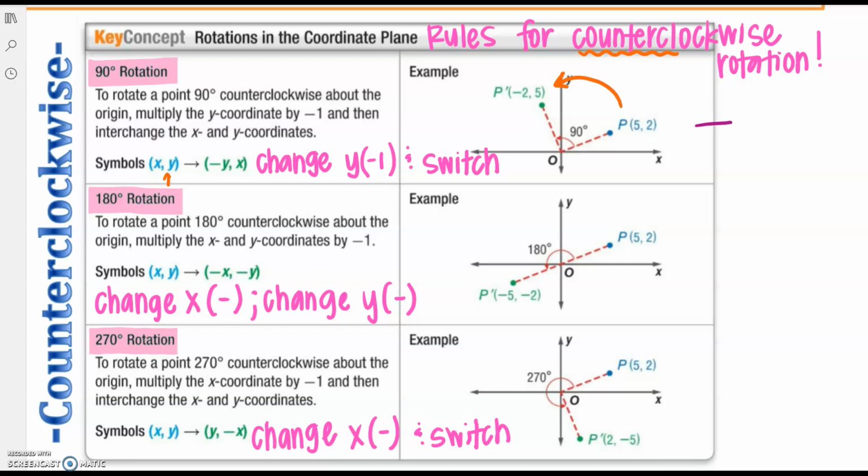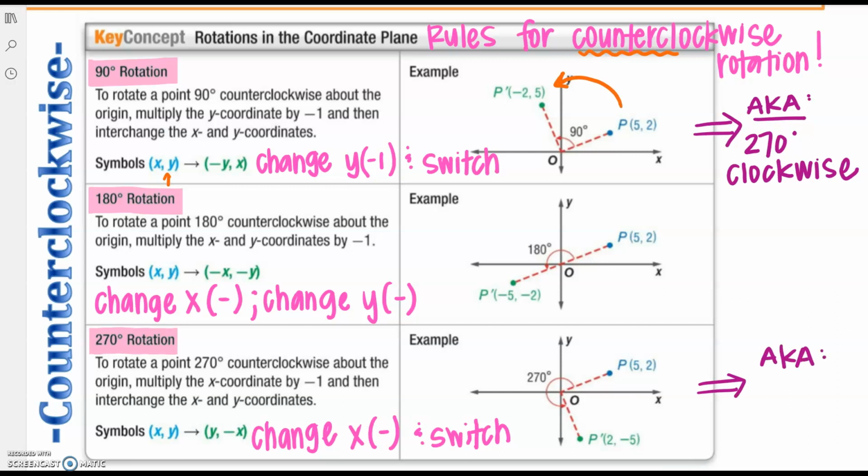So one thing you can note is 90-degree rotation is also known as 270 degrees clockwise. And 270 degrees counterclockwise is also known as 90 degrees clockwise.